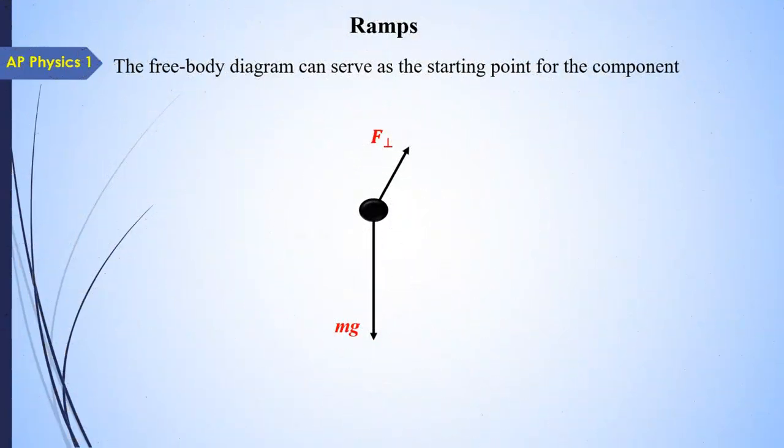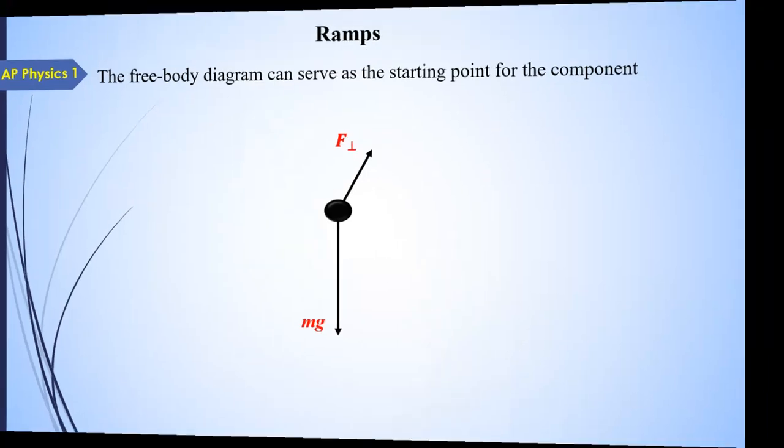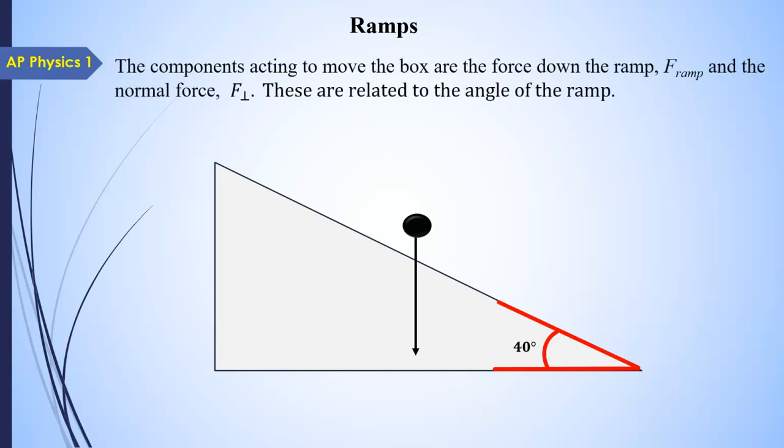So a free body diagram can serve as the starting point for the component diagram. The components acting to move the box are the force down the ramp, that's F ramp, and the normal force, and these are related to the angle of the ramp. We're going to show that this angle of the ramp is the same as the angle that you're going to use to draw these vectors.